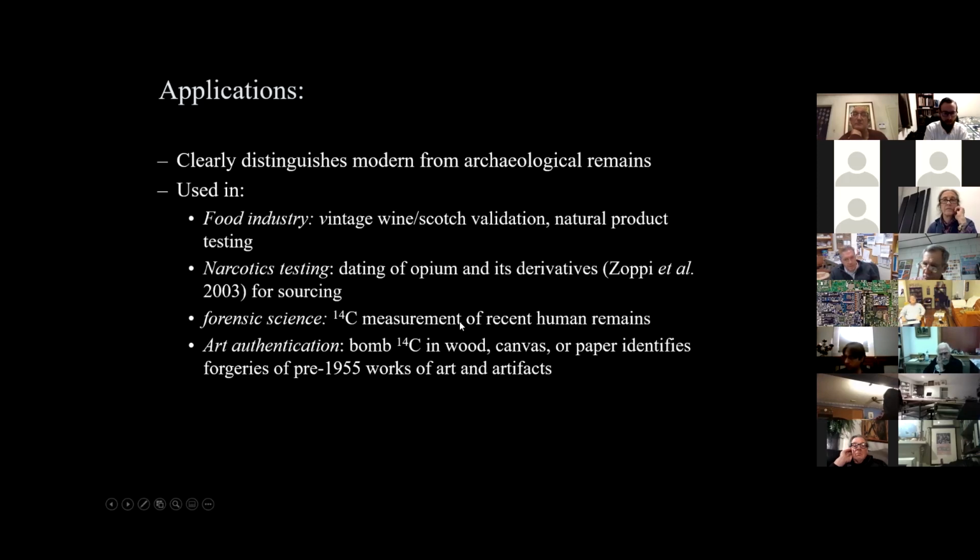We use it in forensic science for high resolution dating of human remains. And of course, it's used in art authentication. So if you have a work that is pre-1955 and you make a measurement in it and it shows the bomb carbon, it's a pretty clear indication that something is up.